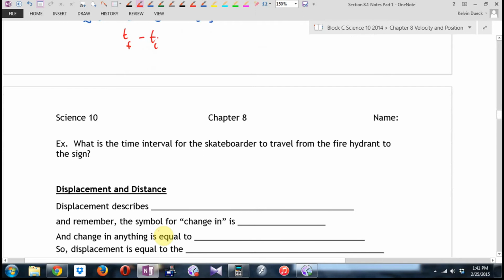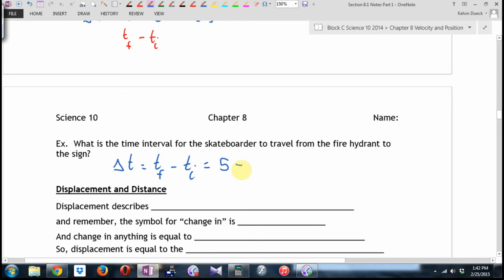Next page. What's the time interval for the skateboarder to travel from the fire hydrant to the sign? It's going to be final minus initial. Sign is the final. What's the time at the sign?